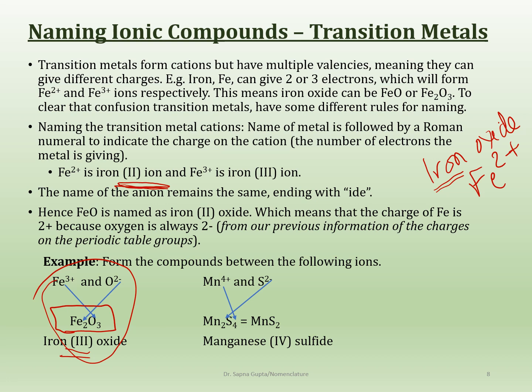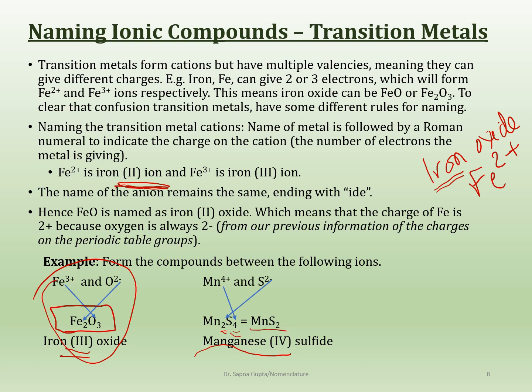So I have to tell you that manganese is 4+ or 7+ or whatever. So here is manganese 4+, which means you will write it as manganese 4 ion. And then sulfur is always going to be 2−, so sulfide. When you do the crisscross, you get 2 and 4. Now remember, you have to bring it down to the lowest ratio, which really is 1:2.